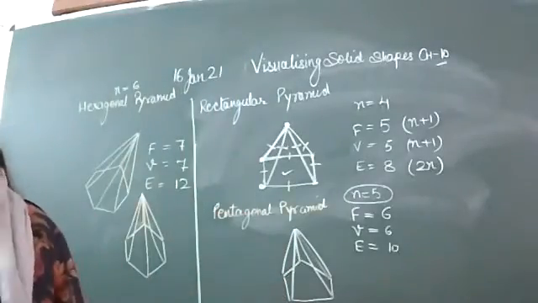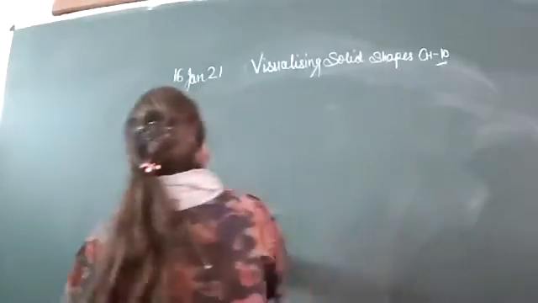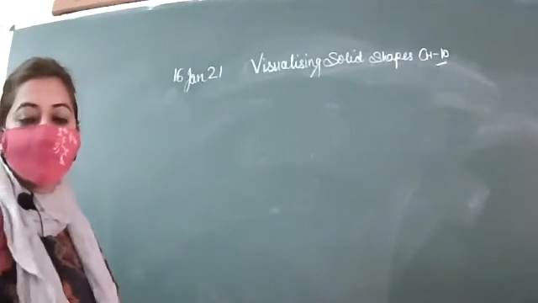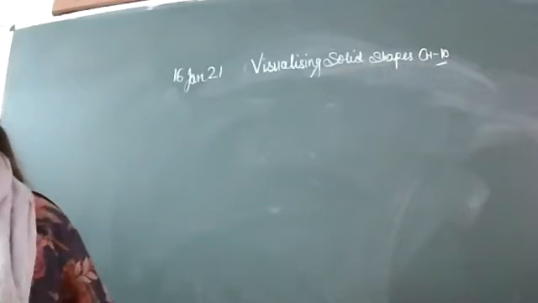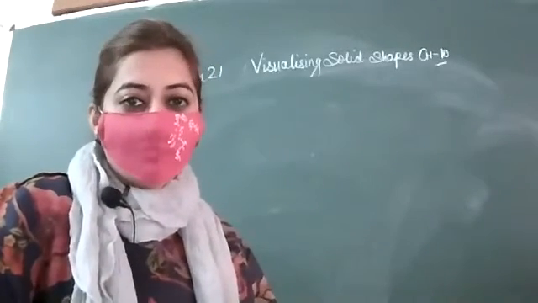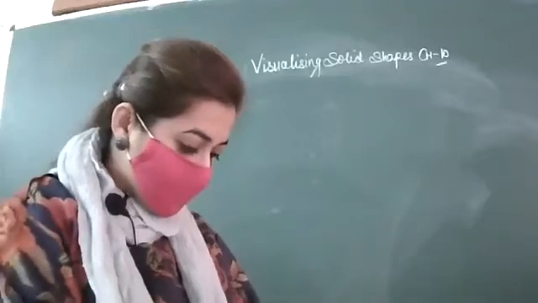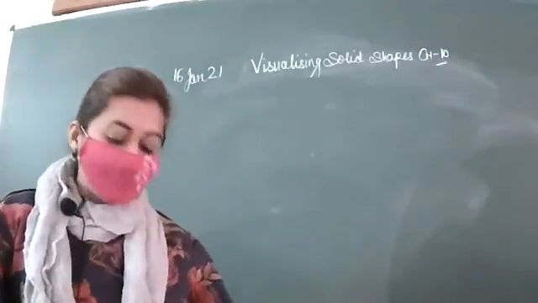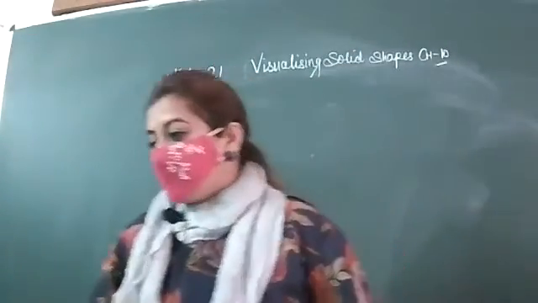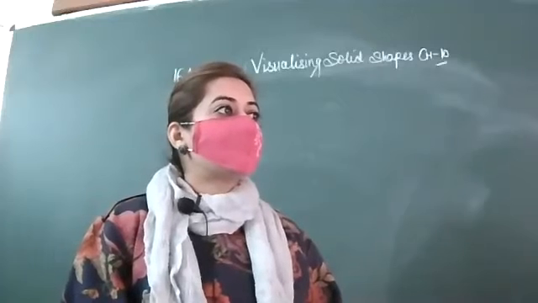Write down. A prism is a polyhedron whose base and top are congruent polygons and whose lateral faces are parallelograms in shape.